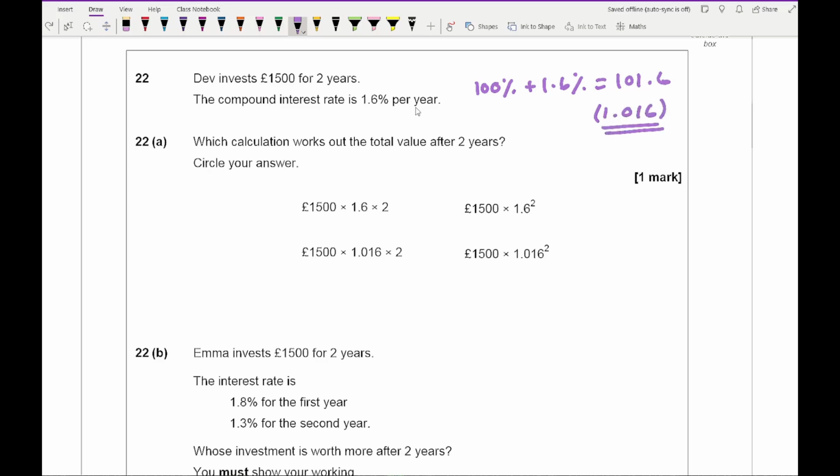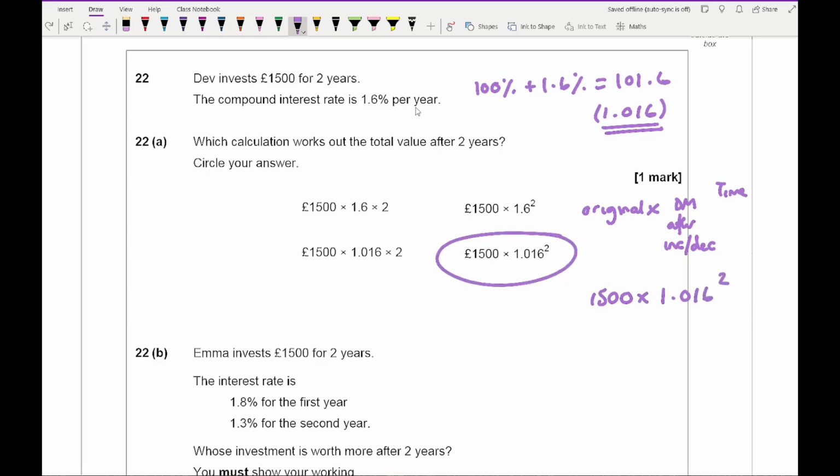So that there is my decimal multiplier. Then for compound interest, it's the original multiplied by the decimal multiplier to the power of time. The original amount is 1500, the decimal multiplier is 1.016 and the time is 2 years. So the one we want to circle is the last option.